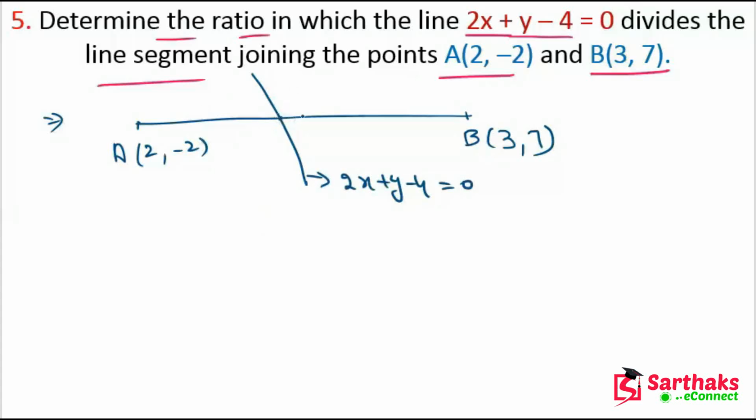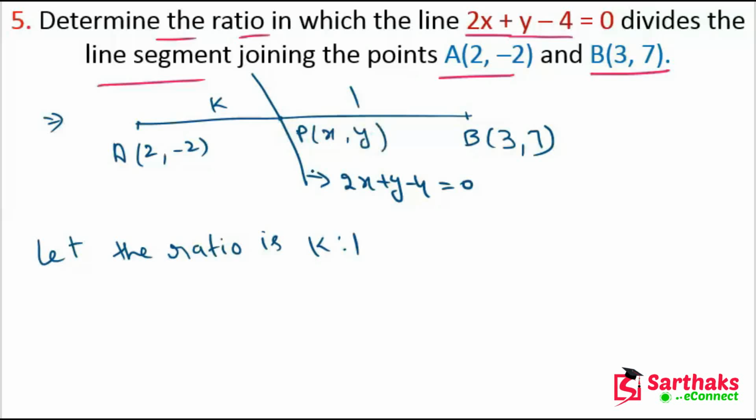Let's suppose this point is point P. We have to find in what ratio it divides the line AB. So for finding the ratio, let the ratio be k to 1. The coordinates of point P are (x, y).